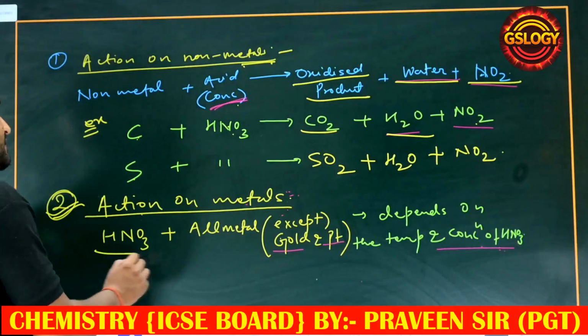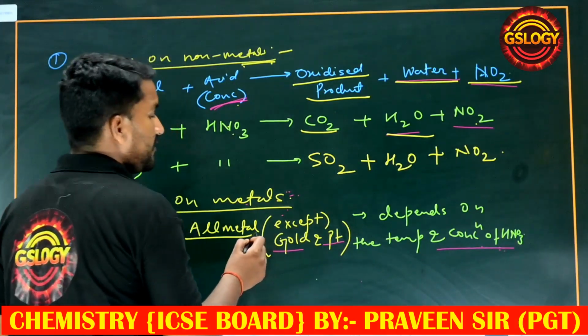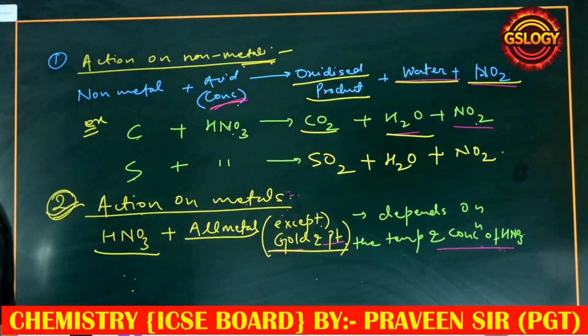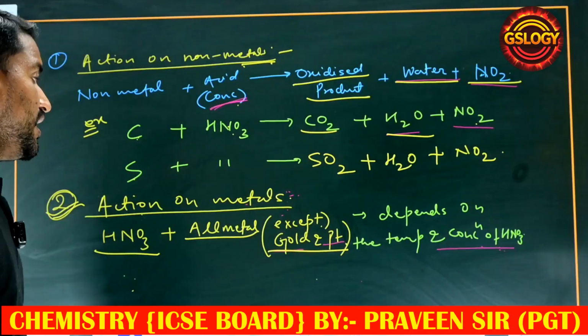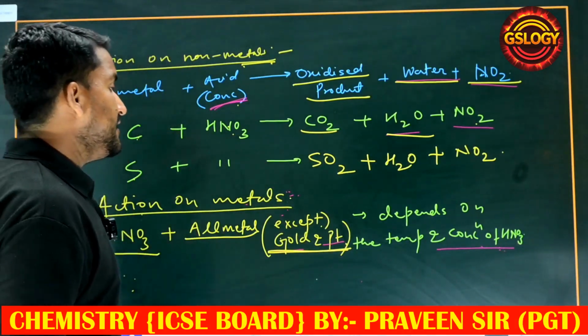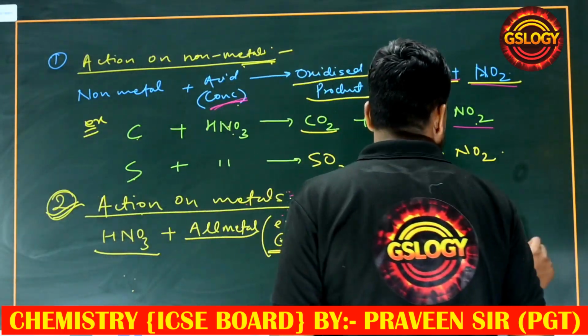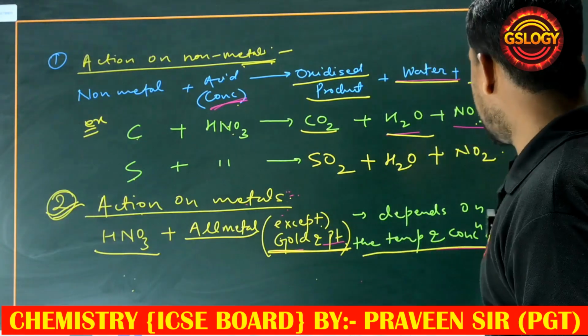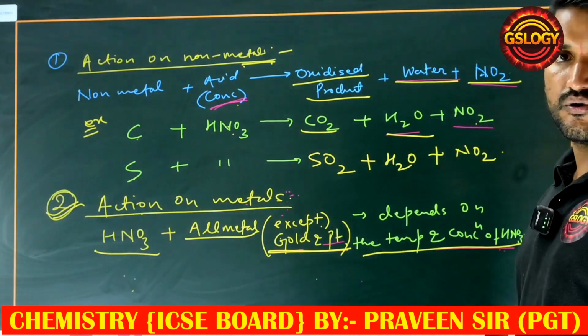When nitric acid reacts with all metals except gold and platinum, it depends on the temperature and the concentration of the nitric acid.